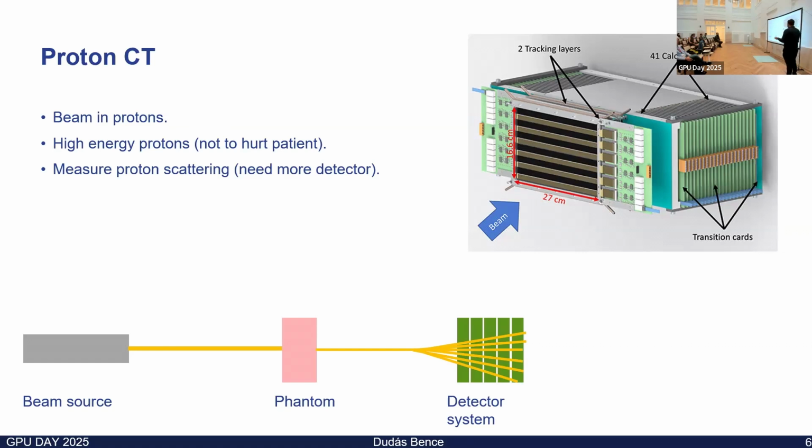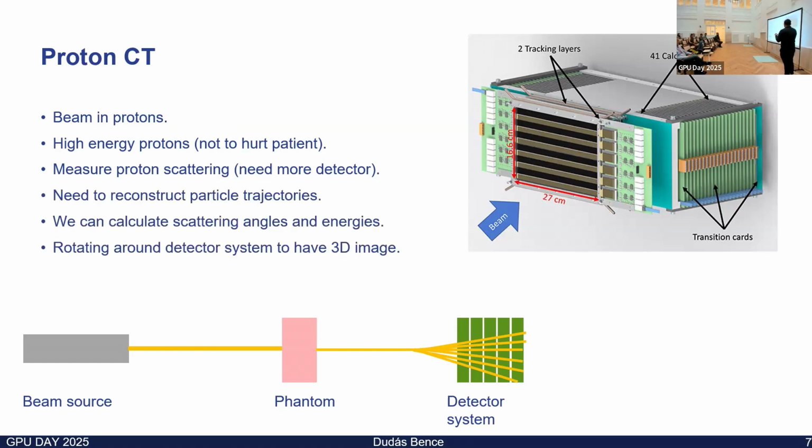We need to measure their scattering. What's happening here is similar, but we don't check the intensity of protons. We check at what angles they scattered, and we want to obtain the angles and the energies they have when entering the detector system.